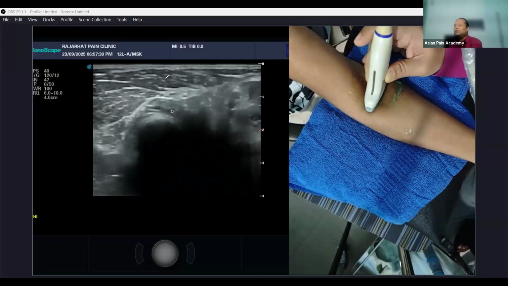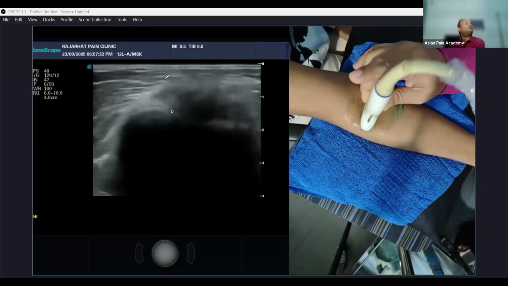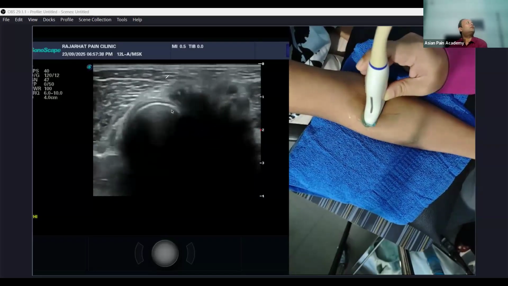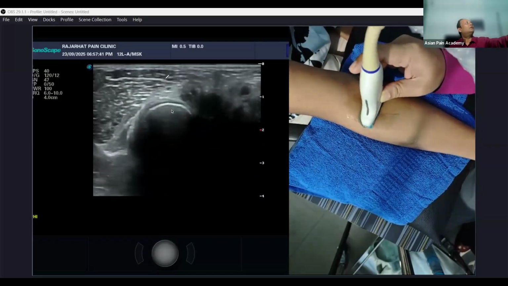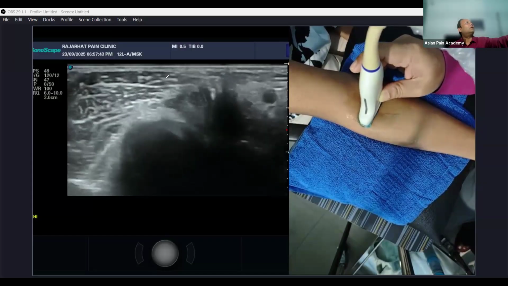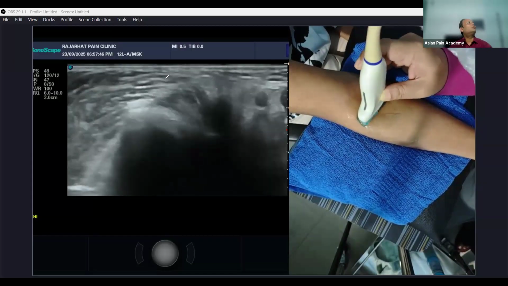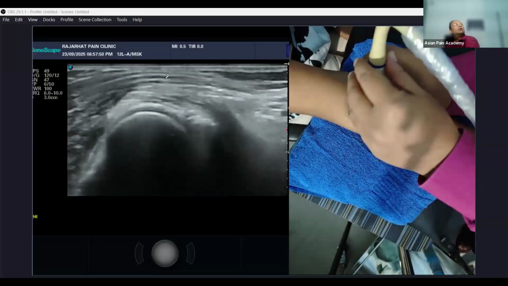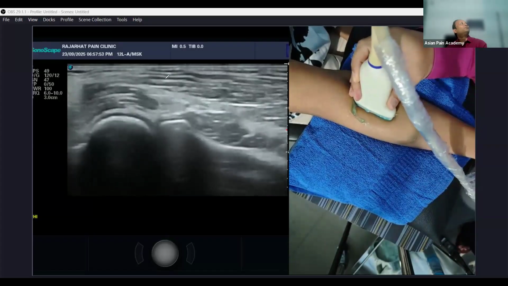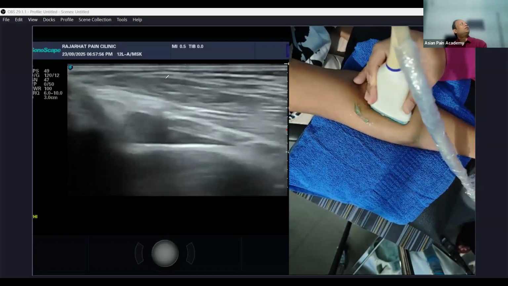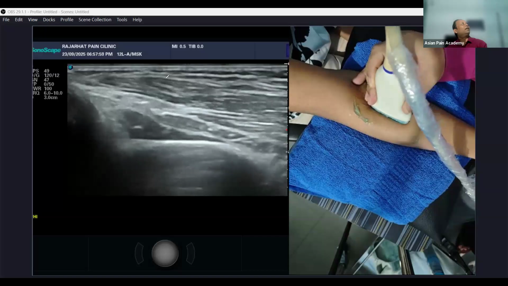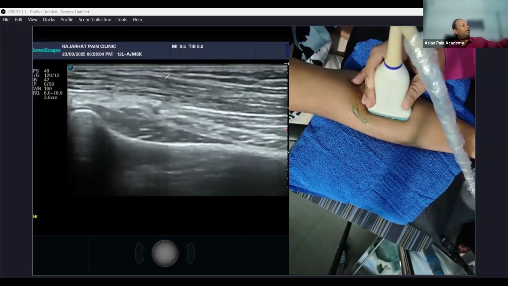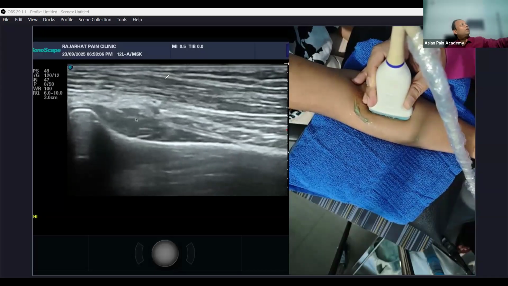So if I see in a long axis view, actually, this probe doesn't have that much power to show you the nerve very nicely. But this is the supinator muscle.